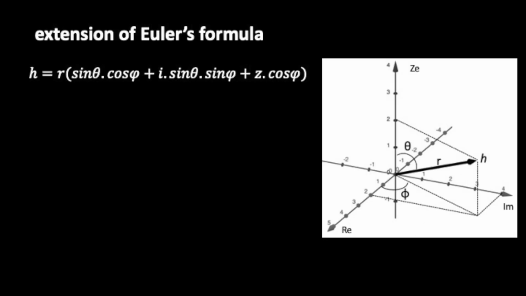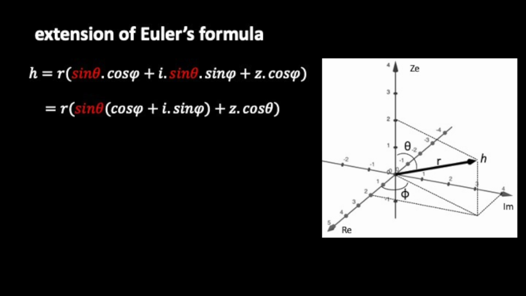In the expression for h, we can observe that the first 2 terms contain sine theta, indicated in red here. We can factor this out, and we obtain r times (sine theta times (cosine phi plus i sine phi) plus z times cosine theta). Here we recognize, indicated in green, cosine phi plus i sine phi.